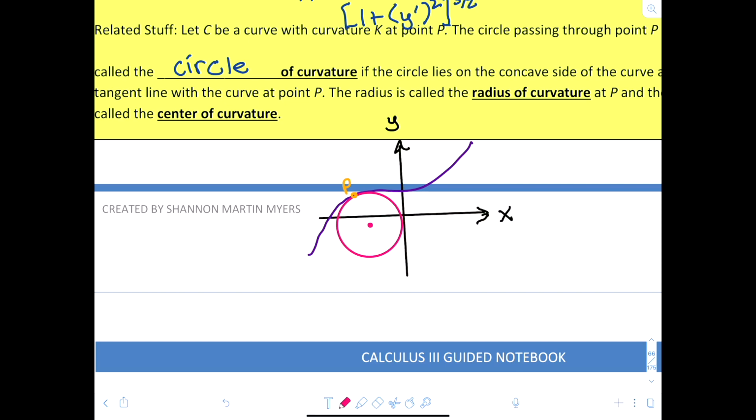And so this right here would be the radius of curvature.